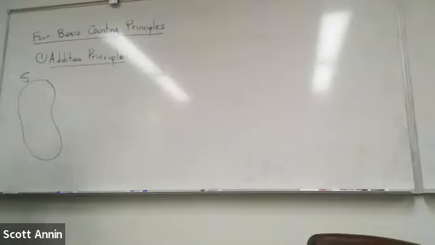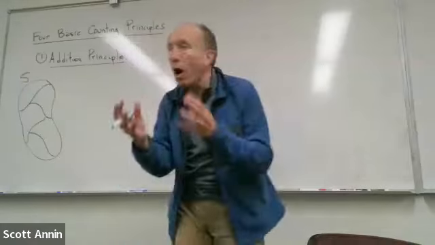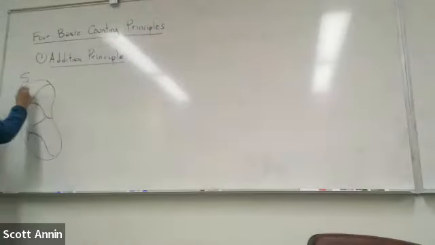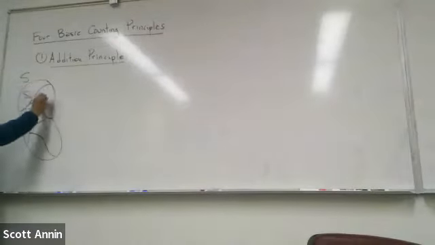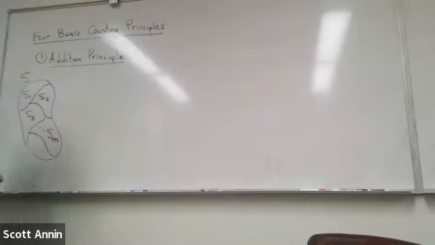Suppose that I have a set S here, but suppose that S is partitioned, which just means that it's decomposed into these non-overlapping subsets. Let's say S1, S2, S3, and so on, up to, let's say, SM.